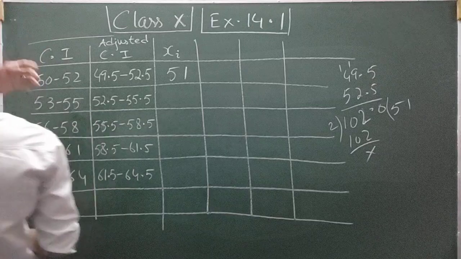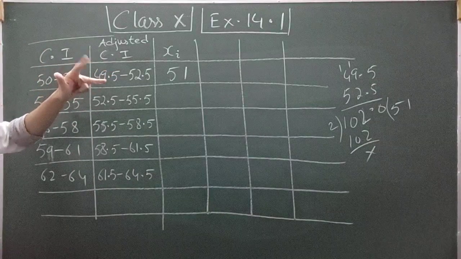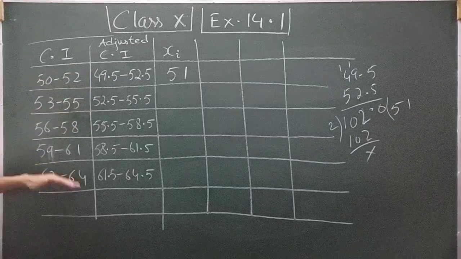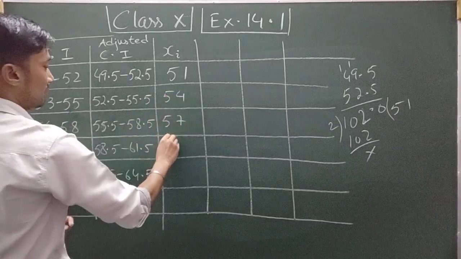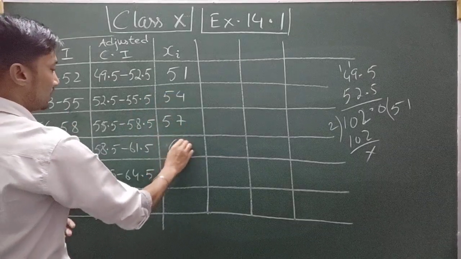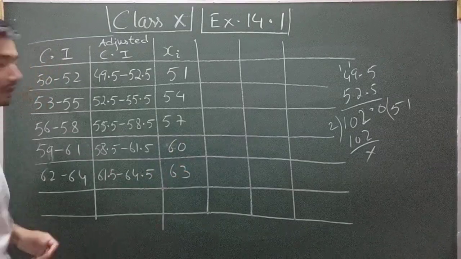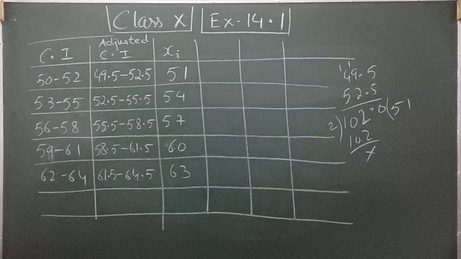Of course, you can guess also directly 50, 51, 52. So the middle one is 51. Next is class width, here uniform, 3 each. So 51, 54, 57, 60, 63. Alright, now time to proceed.